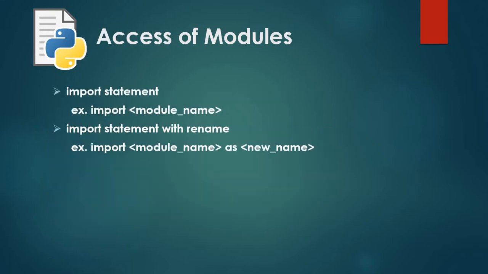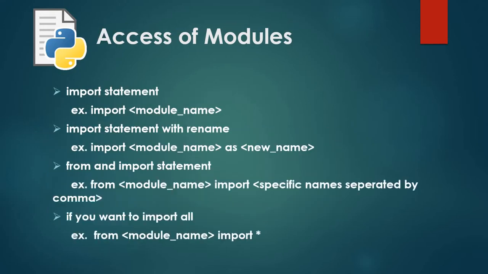There are a couple of ways to access it. By using the import statement we can import the modules, by using the import statement with rename, by using from and import statement, and by using from and import all. So I will give you a demo.